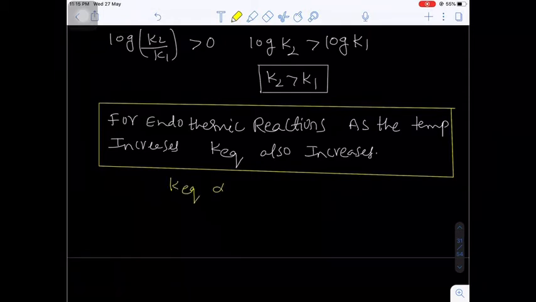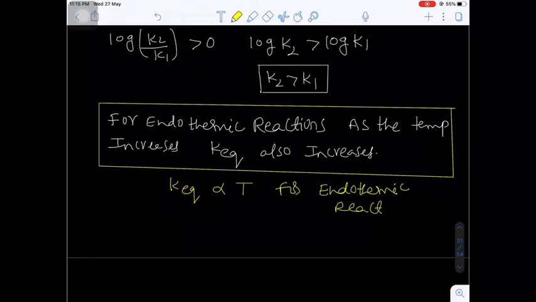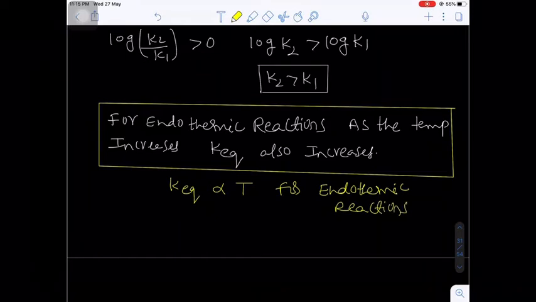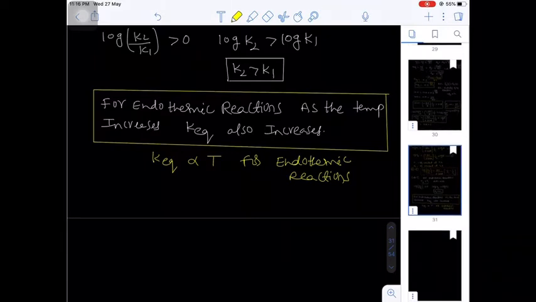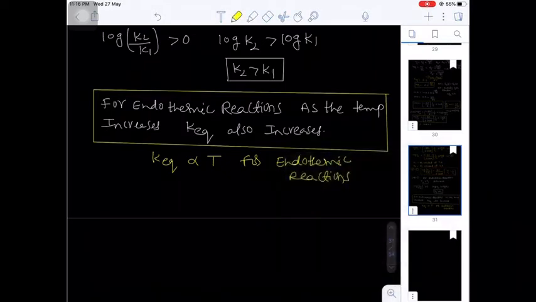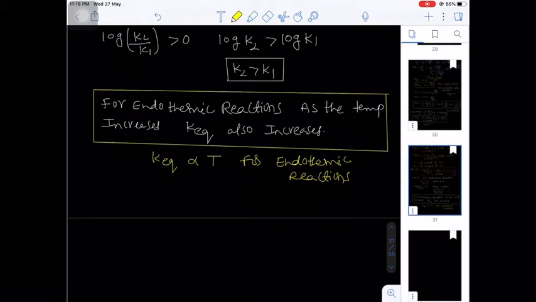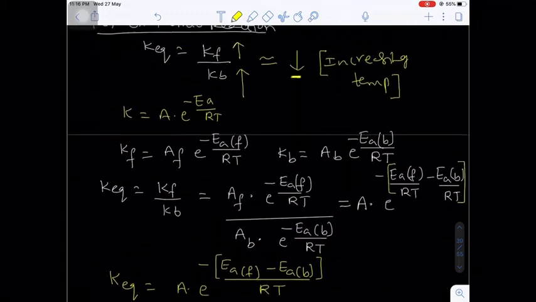So shall I write K equilibrium, that is the equilibrium constant, directly proportional to temperature for endothermic reactions. In endothermic reactions, what happens? Generally, we increase the temperature. When we increase the temperature, the reaction favors. That means in endothermic reactions, as the temperature increases, the equilibrium constant value also increases.